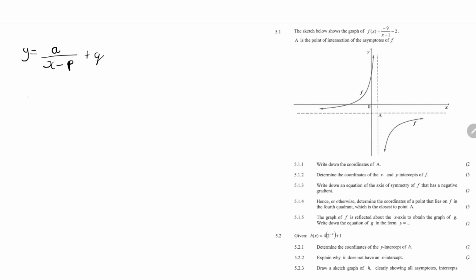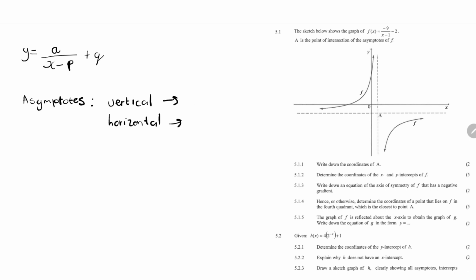To get the asymptotes, which is the vertical one and the horizontal one, how do we get them?